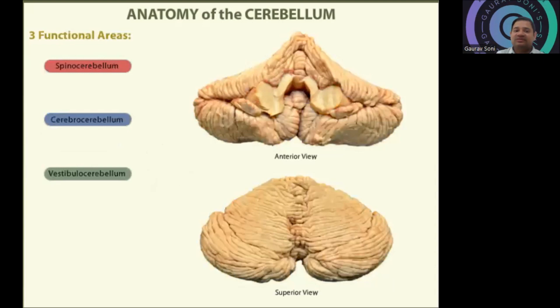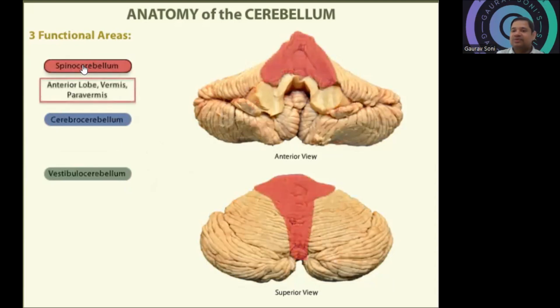Next, we have to see some functional areas. These are three parts: the spinocerebellum, cerebrocerebellum, and vestibulocerebellum. The spinocerebellum is mostly the anterior part and the vermis and paravermis, meaning the anterior lobe, vermis, and paravermis.